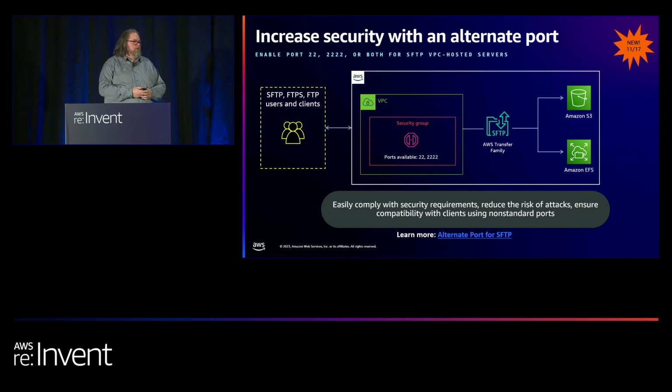It's really up to you how you want to configure it. And when you set it up that way, the client will have to be configured to hit it over port 2222. This just gives you a little bit of security through obscurity, if you're familiar with the term, some way of keeping people who are just scanning on common ports from finding your server and trying to log into it.